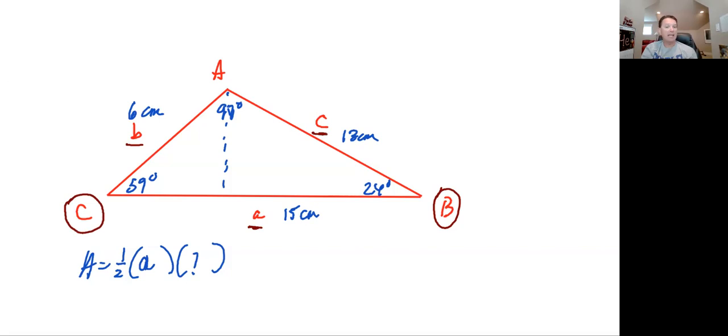And Foster, because I can't see you, I want you to use angle A and the sides B and C as your known sides. I want to figure out what the area of this triangle is.